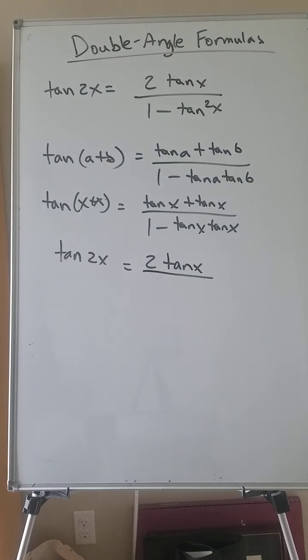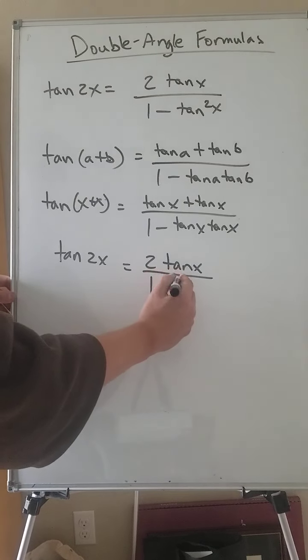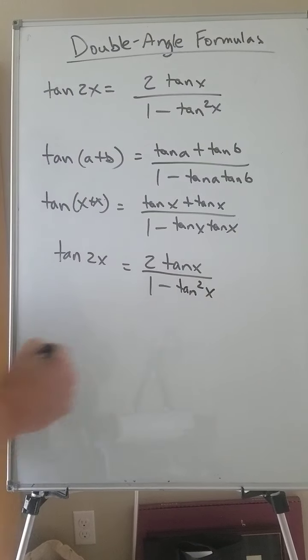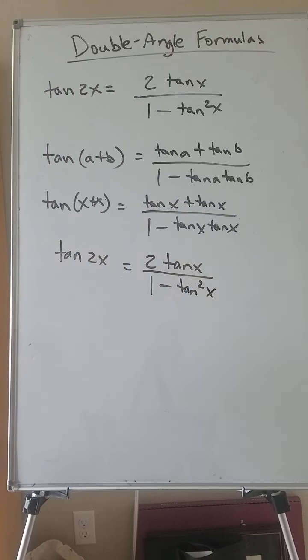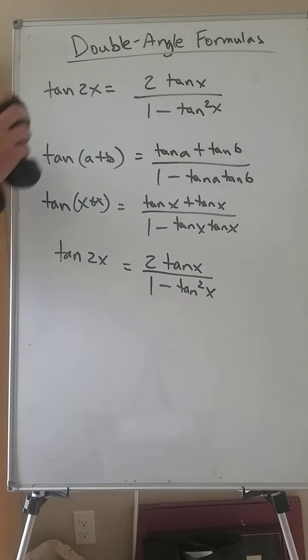In the denominator, I have 1 minus, and then I have tangent x times tangent x. Well, that's tangent squared x. And so that's precisely what they give me. Okay, so that's why these functions are what they are. That's why these identities have this look to them. Why this expression is equal to that expression.